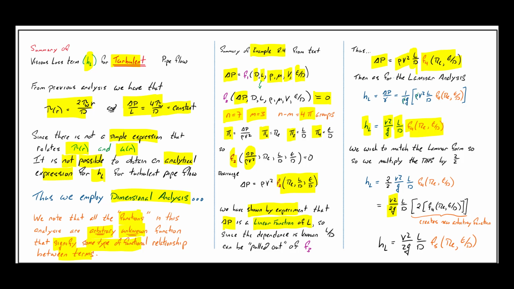It doesn't really matter, and that gives me my almost final form of the head loss. The terms in front, V squared over 2G times L over D, match that of the laminar form, but now we would like to get to what the friction factor is.